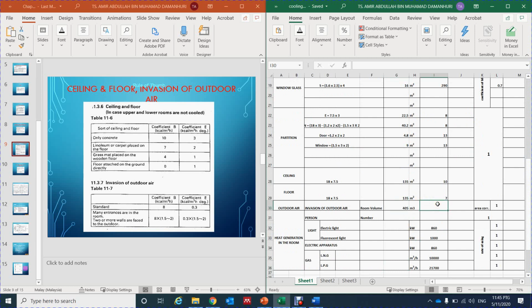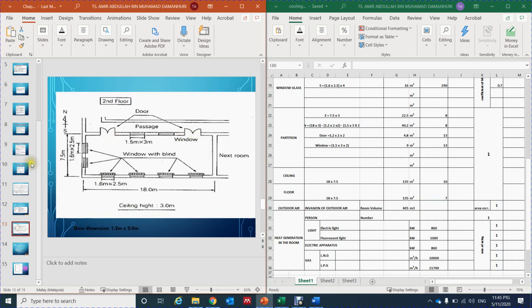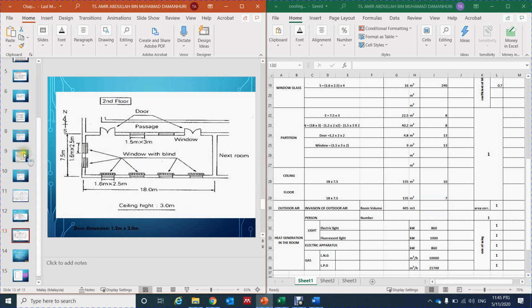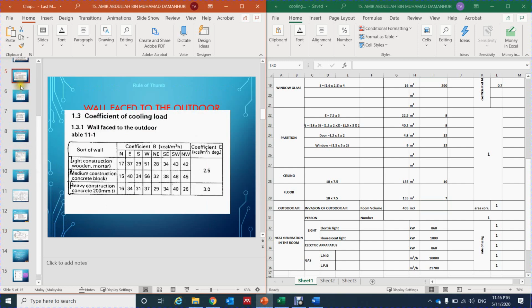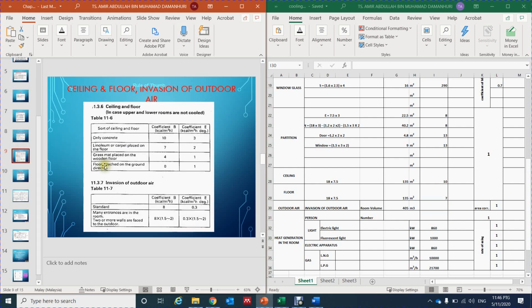The coefficient of B that we have here, either we want to use standard or this side. Usually, are there many entrances in the room? Yes, of course, because we have about 2 doors here, right? We have 2 doors there. Two or more walls facing the outdoor?